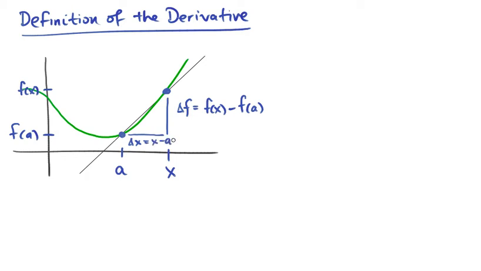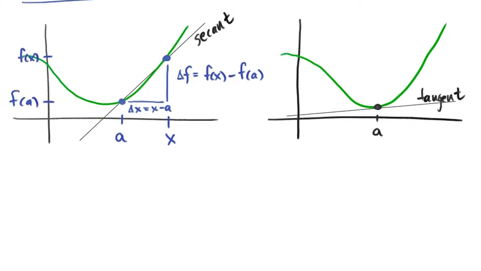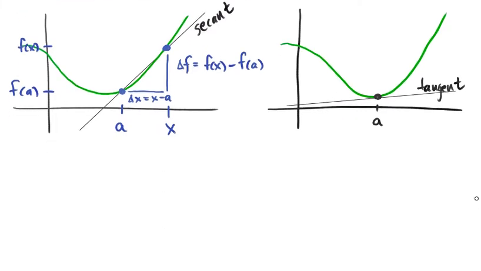And we'll take a look at the tangent line as well, and the important point here, so the slope of the secant is the change in y over the change in x, or the change in the function compared to the change in x.